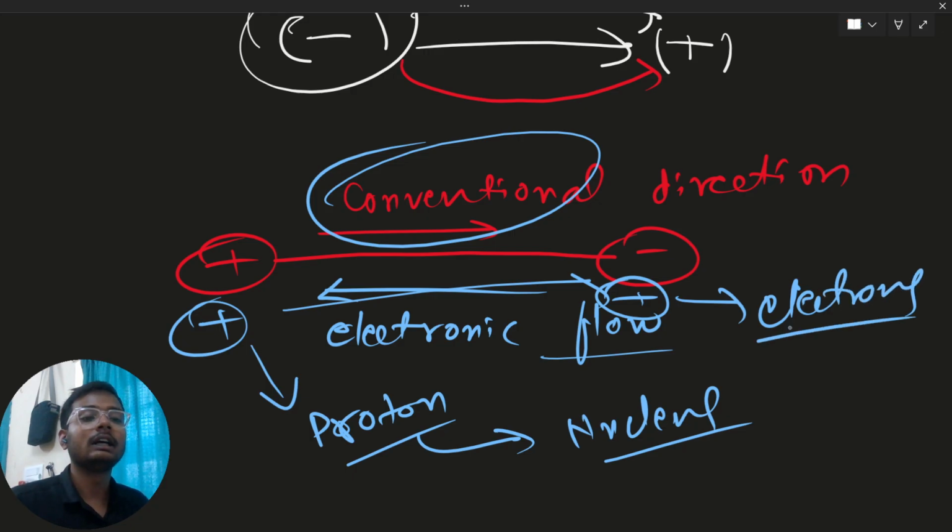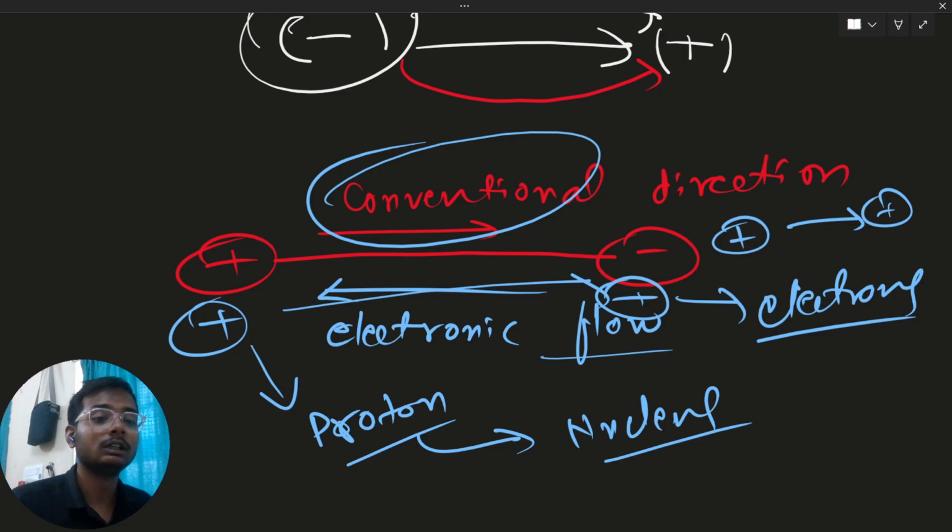Then it felt like there was a big blunder, but at that time a lot of things were already done. There are a lot of research papers and different books. Everywhere they used positive to negative, though the electrons are flowing the other way.